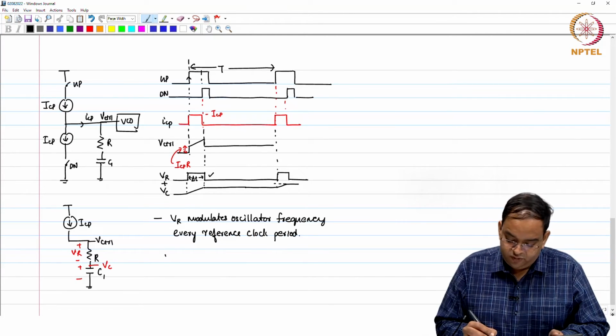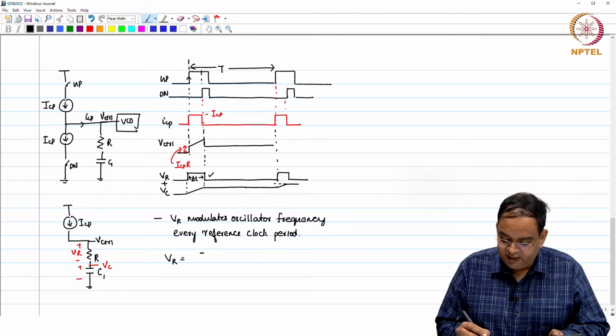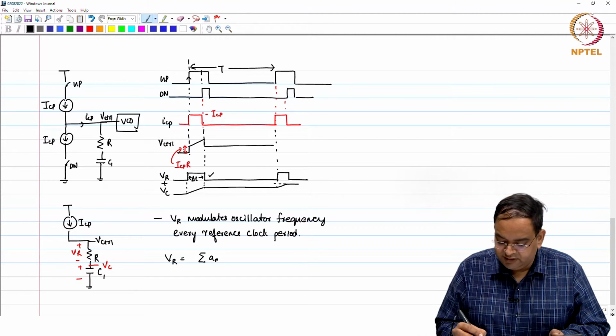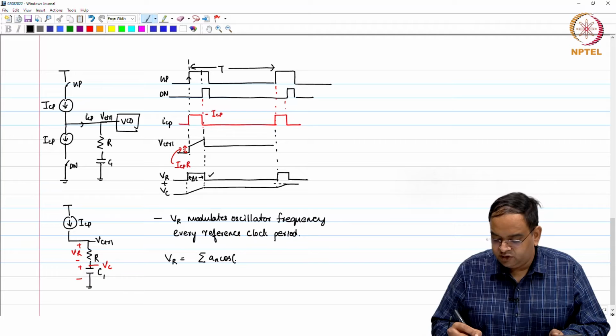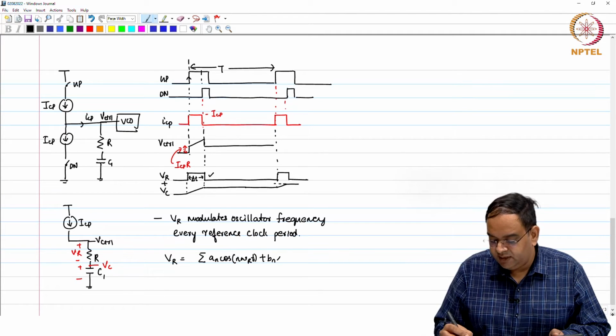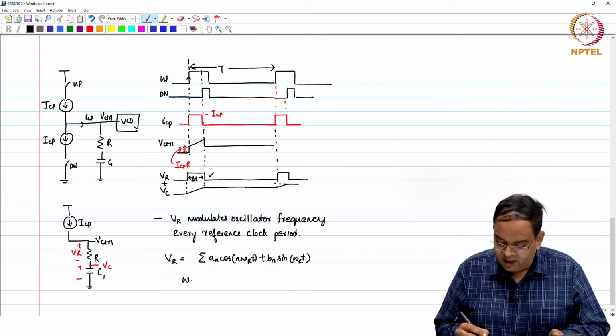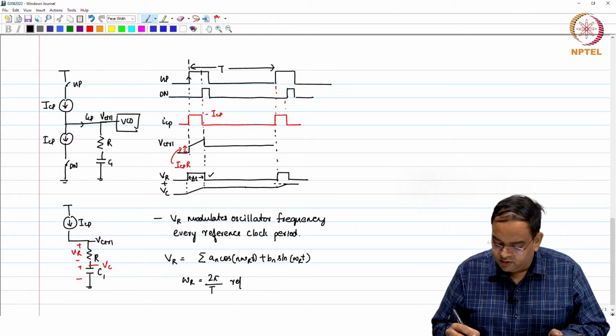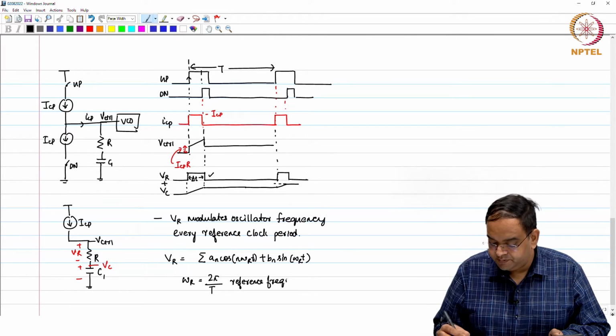So, this VR can be written in terms of the Fourier series, An cosine of n omega r t plus Bn times sin n omega r t, where omega r is equal to 2 pi by T, the reference frequency in radians. Okay.